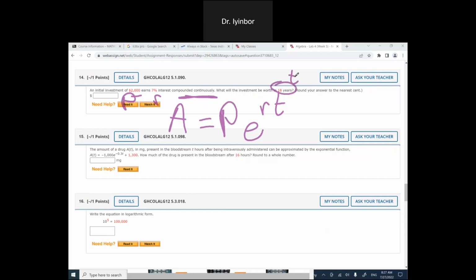So plug in the numbers in that formula. I'll have 2,000 as the principal. And then you're going to press E with exponent R, which is 7%, so 0.07, times 18 years. And this goes in the calculator.